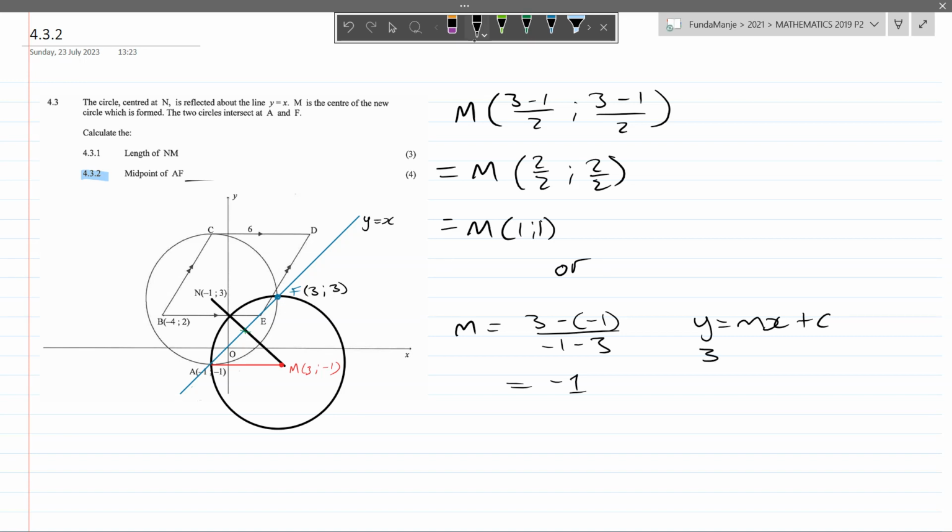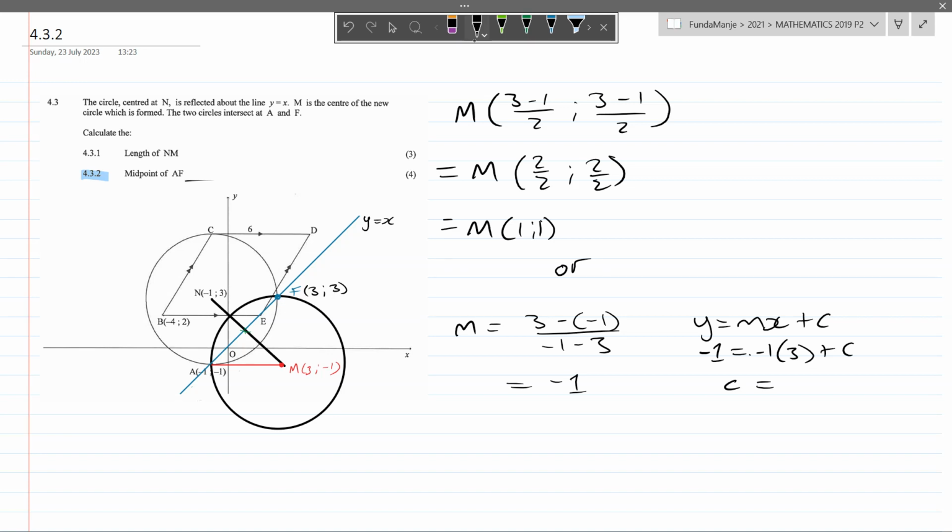So if we substitute 3 for x and -1 for y, that would look something like this. Then we can find the value of c. Taking -4 to the other side becomes +4.